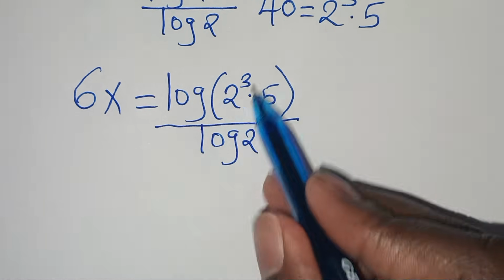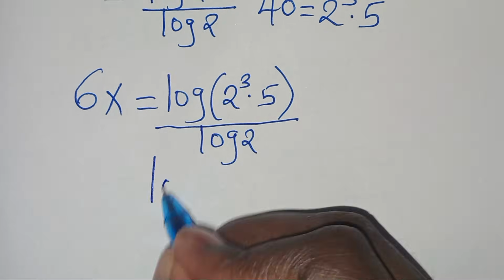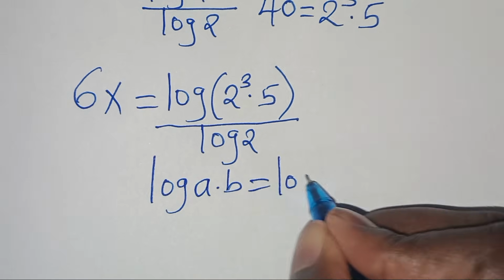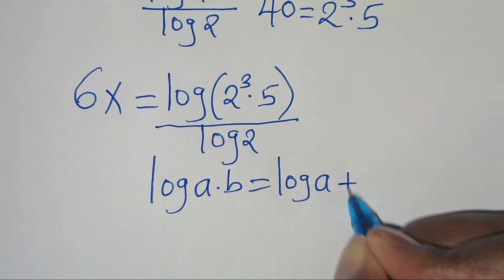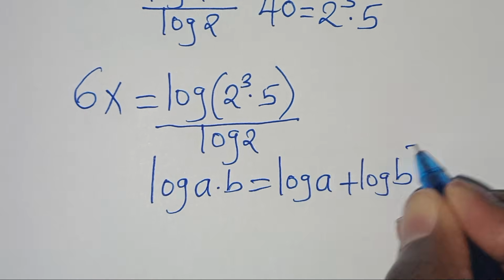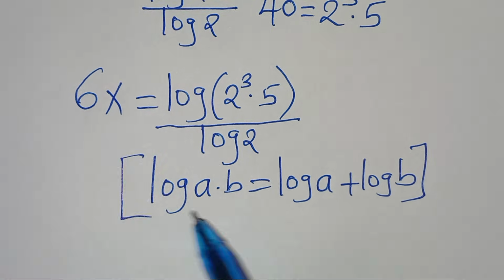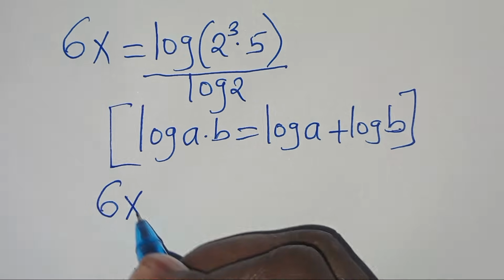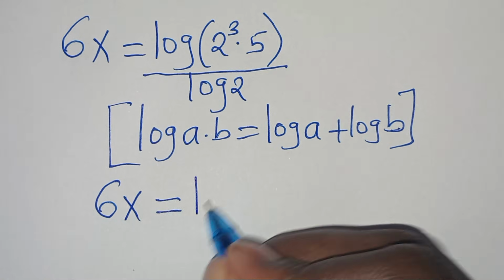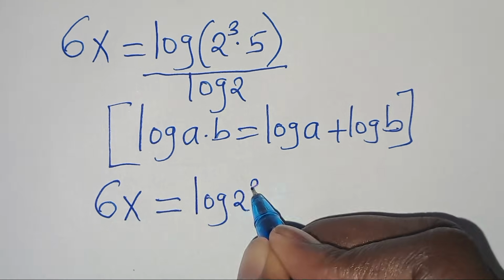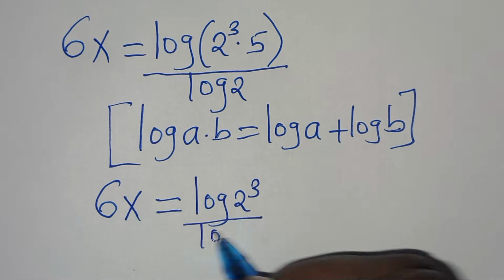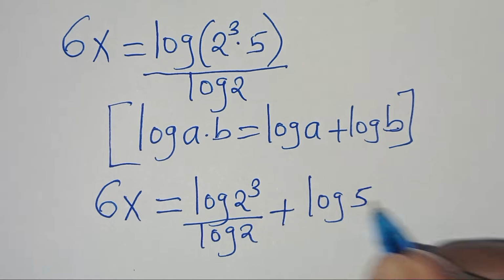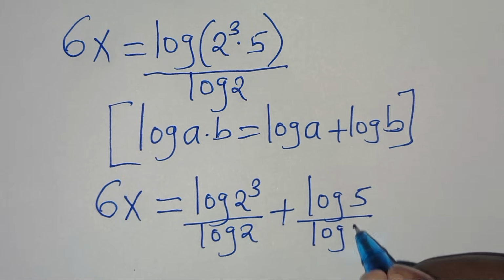Now, log 2 to the power of 3 times 5, this is in the form of log a times b, which can be expressed as log a plus log b. Applying this logarithm property, then we have 6x is equal to log 2 to the power of 3 divided by log 2, then plus log 5 divided by log 2.